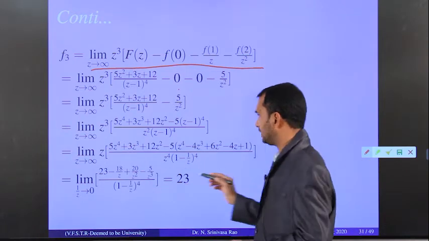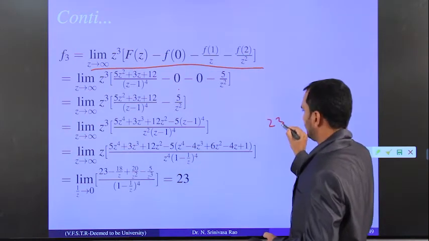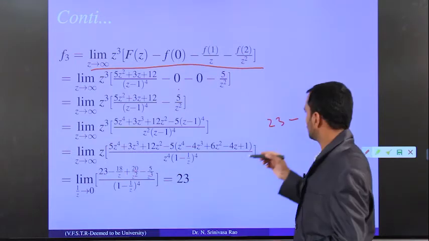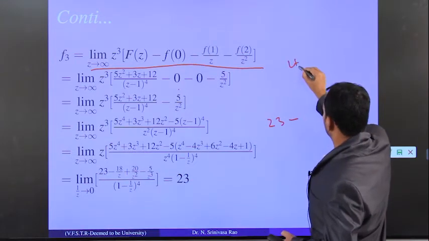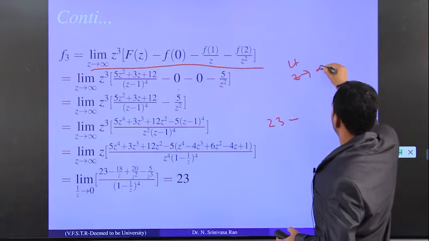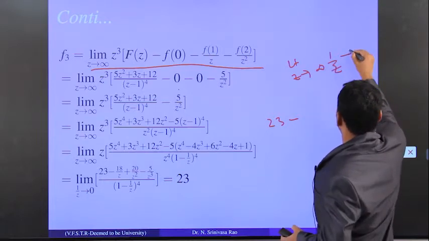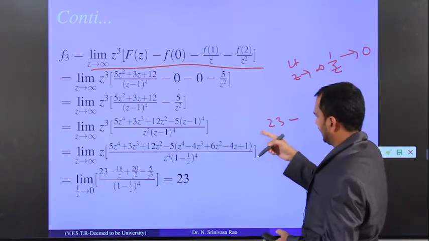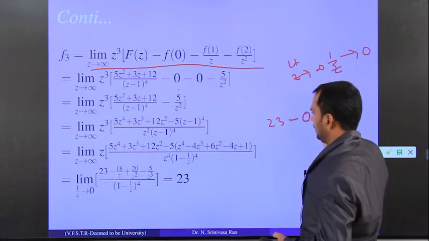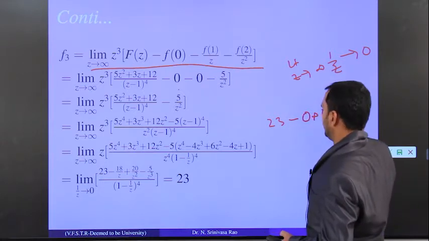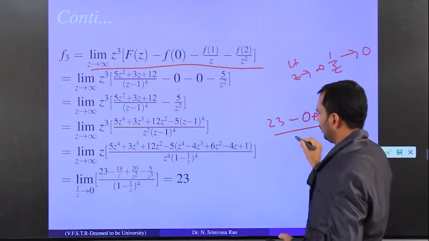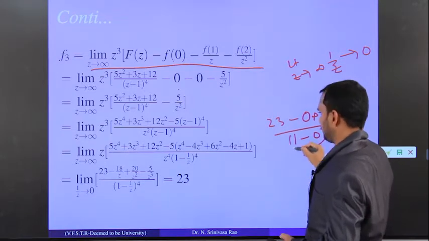Why? Because this is 23 minus 18 by z, and since z tends to infinity, 1 by z goes to 0. Therefore 18 by z also goes to 0, plus 0 minus 0, whole divided by (1 minus 0) whole power 4.